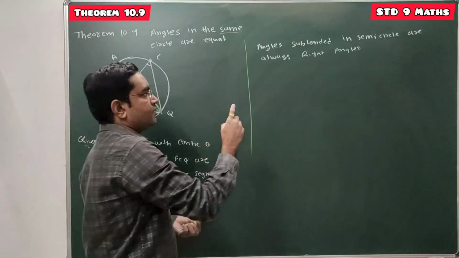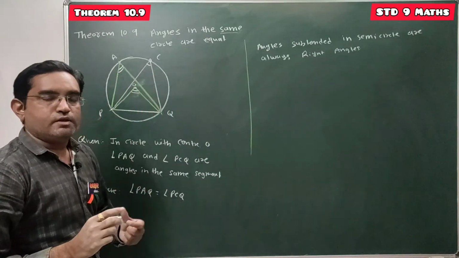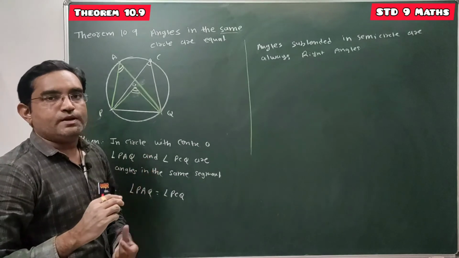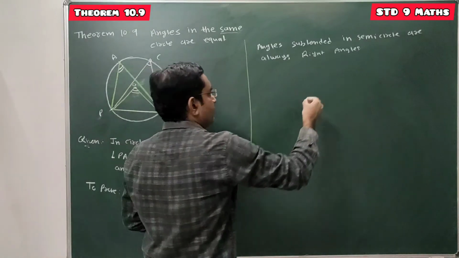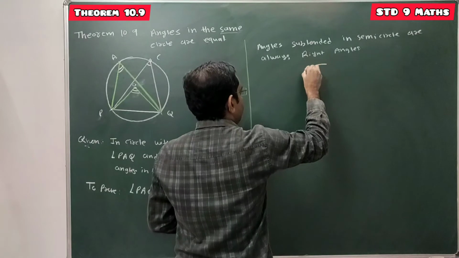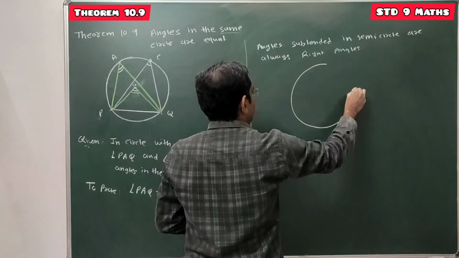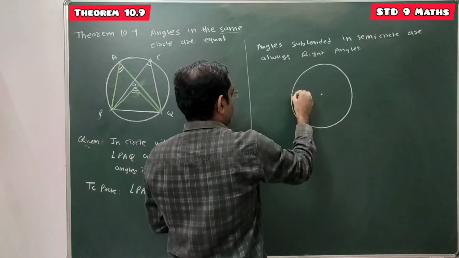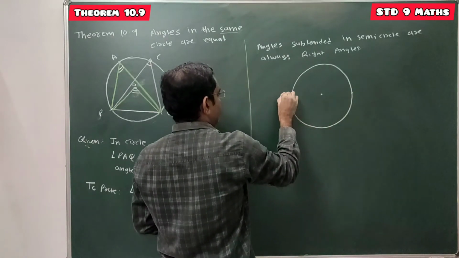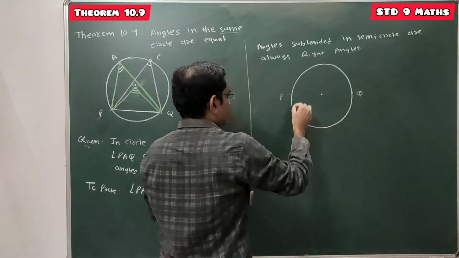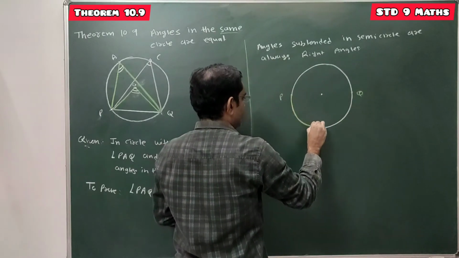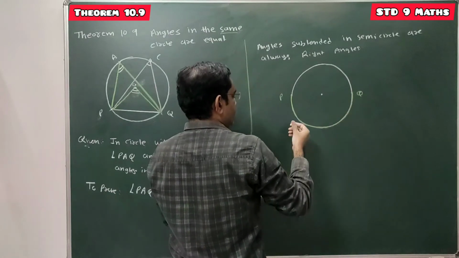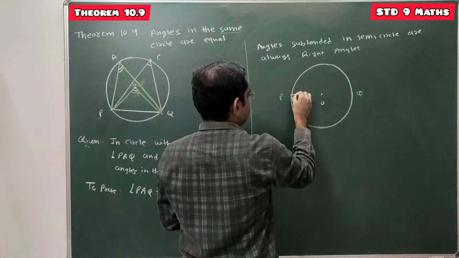For the proof of this theorem, we will use theorem 10.8 and specifically the second part of that theorem. What was the second part? It is case number 2, in which our arc PQ is a semicircle arc. So this is arc PQ, which is a semicircle arc. The angle subtended by this arc at the center is nothing but this straight angle POQ.